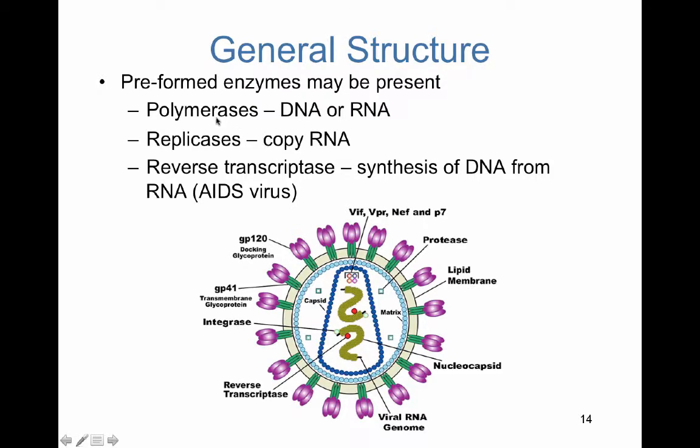Now, you may also have some viruses that bring along a polymerase, a DNA polymerase, which is basically an enzyme that will replicate DNA, or an RNA polymerase that will transcribe DNA into RNA, or you could have replicase, which will just copy RNA, and the reverse transcriptase that you see here, which is a special enzyme found solely in retroviruses, will take RNA and convert it to DNA.